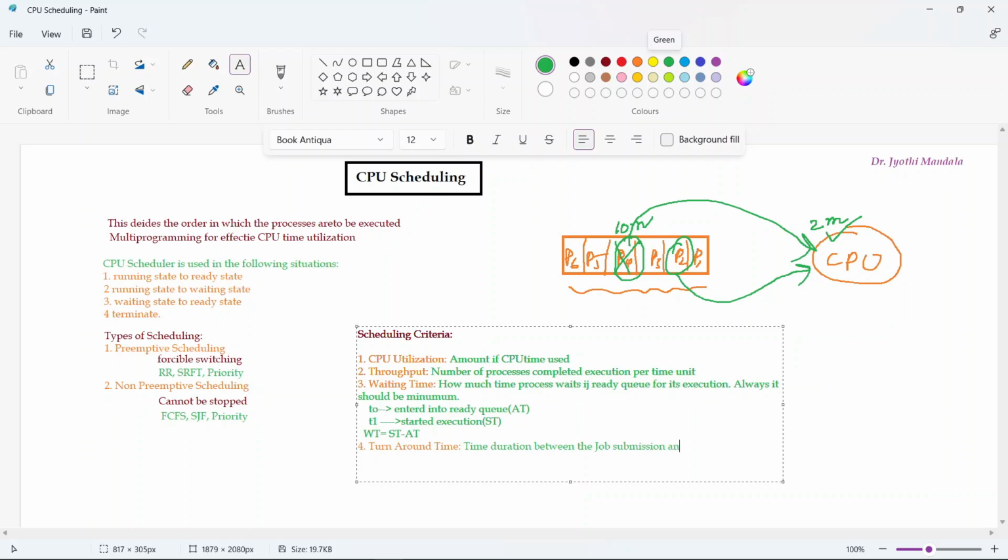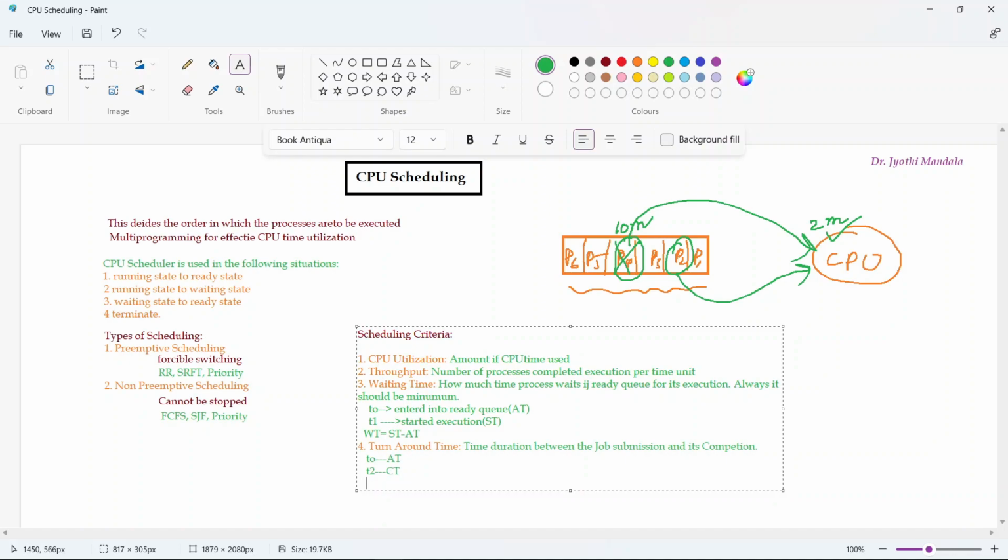Completion is different from starting execution, right? Let us consider T0 is the time at which it has arrived, that is your arrival time, and T2 is the time at which it has completed its execution.